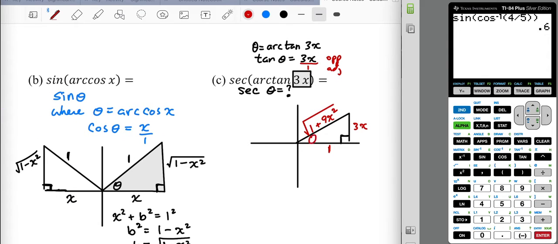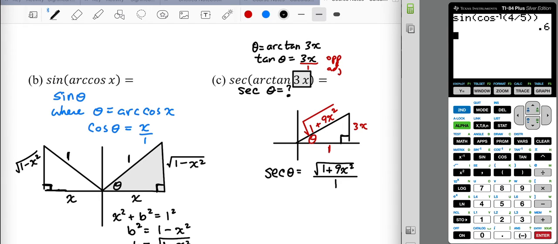So that's my theta, or at least the triangle that emerges from the knowledge of the inverse trig function, which is defined as theta. It's a mouthful. So I need secant. Secant is hypotenuse over adjacent. So secant of theta is the square root of 1 plus 9x squared over 1.